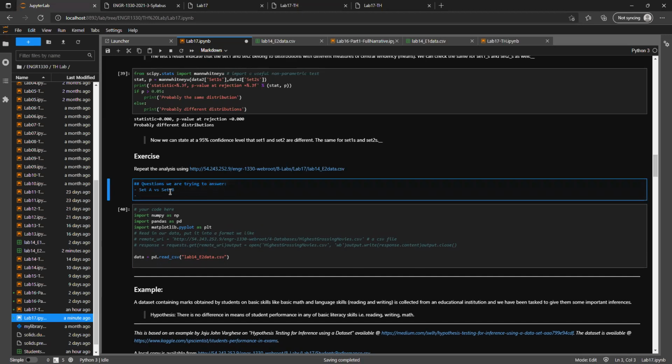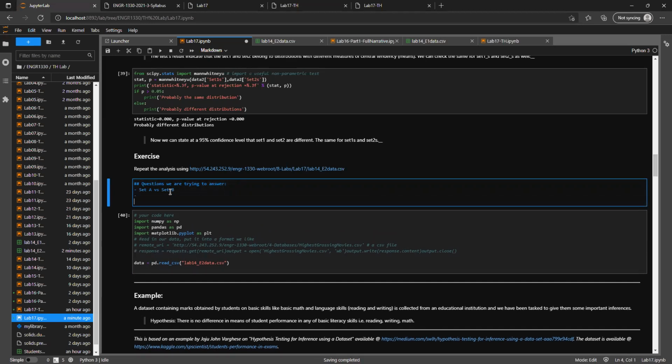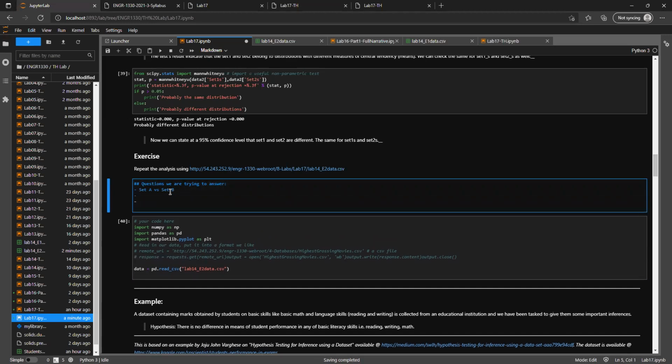There are at least 3, depending on how you go about it. So what's the first thing we might want to ask about set A versus set B? These are the things we just did for the first exercise.